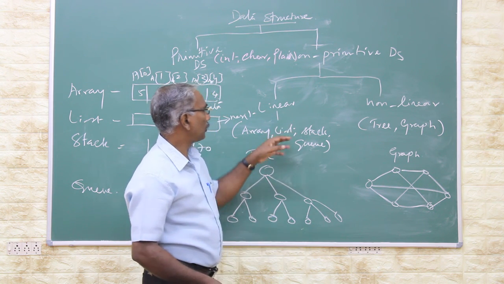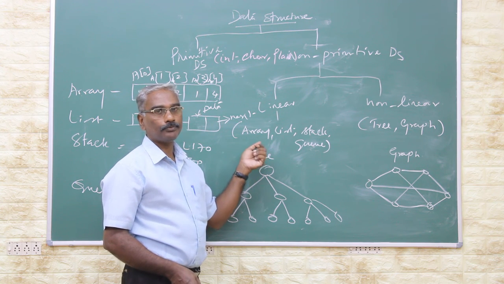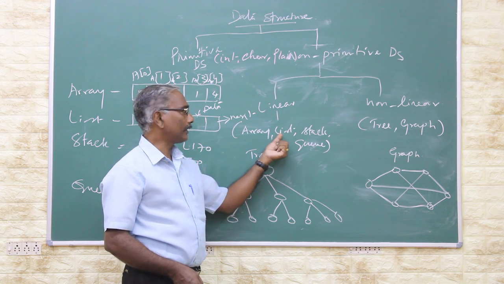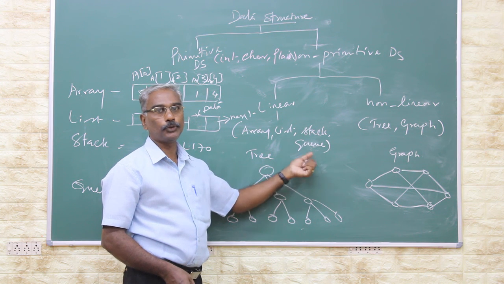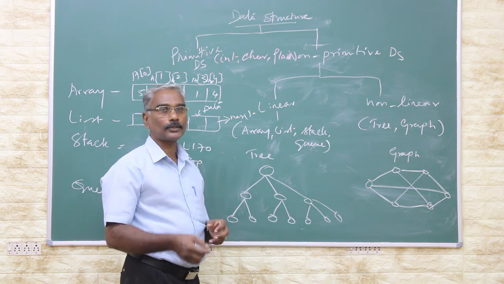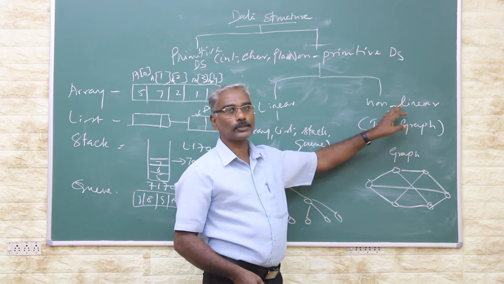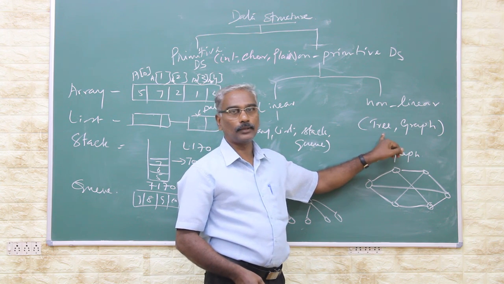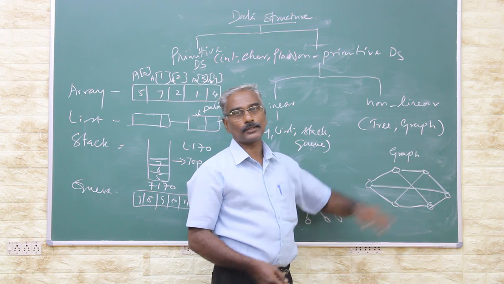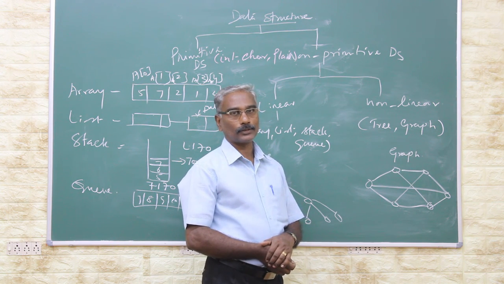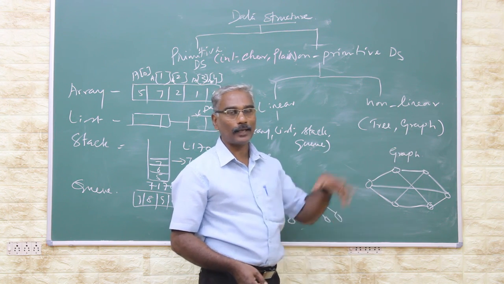The types that come under it are array, list, stack and queue. In the non-linear data structure, you have the tree data structure as well as the graph data structure. Here the elements are stored in a random way.